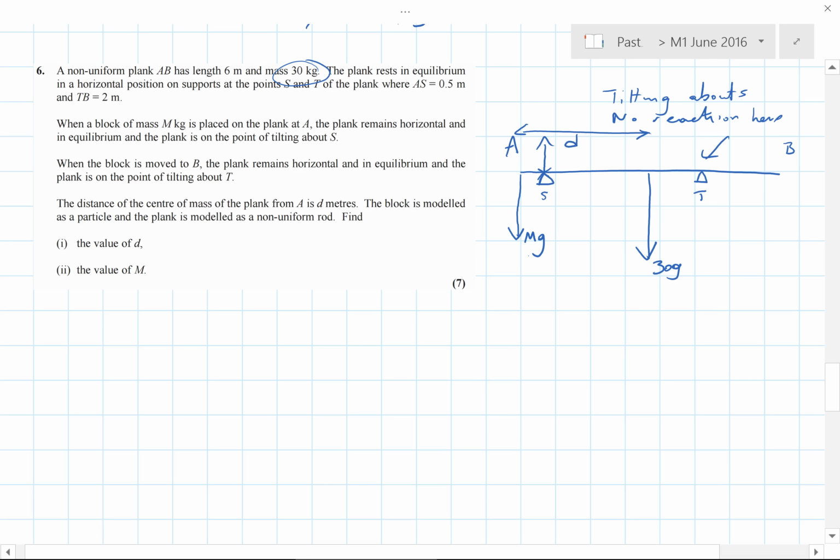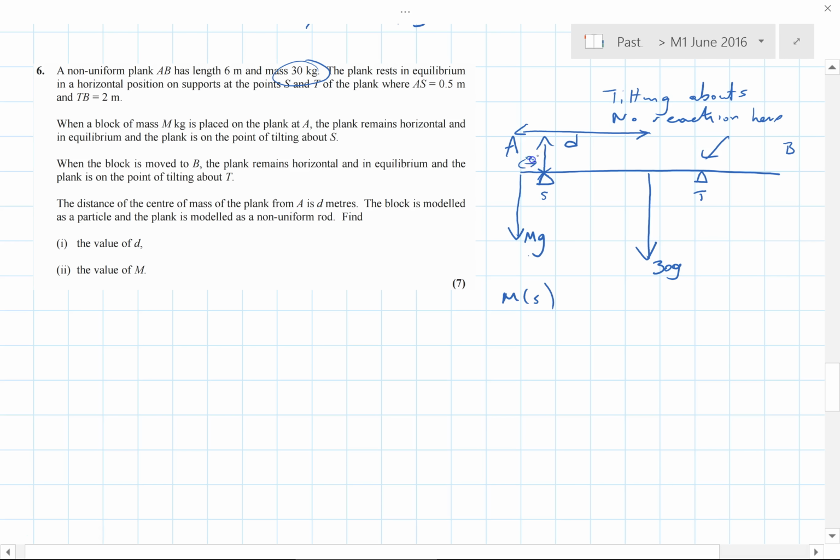Normally if you've got a tilting situation, it's a good idea to take moments about the reaction force. If we take moments about S, the only two forces we've got counteracting each other are the 30g one and the mg one. Now, the distance from A here is 0.5.